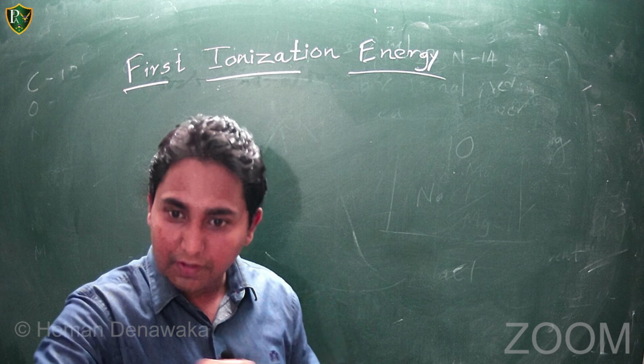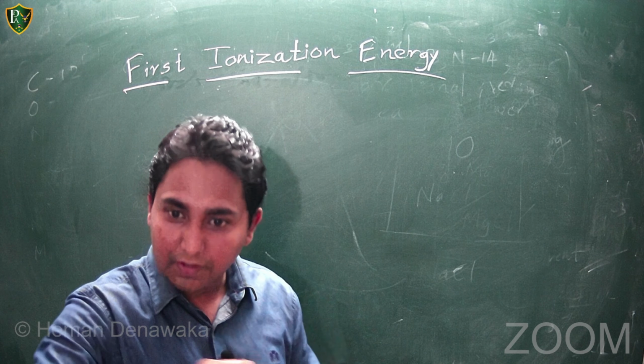Okay, all right. Since helium has a very high first ionization energy, after helium the first ionization energy drastically goes down, and you get to lithium. After lithium, it will again start increasing to beryllium.